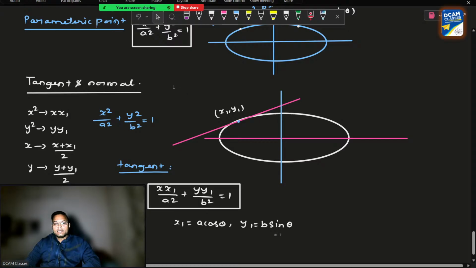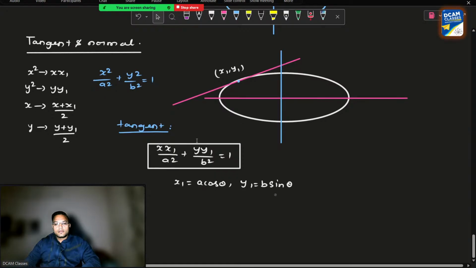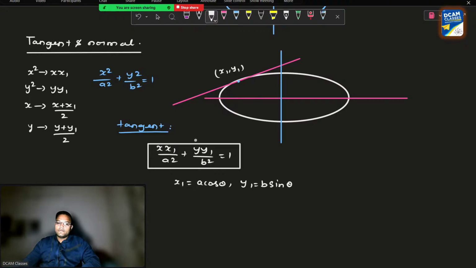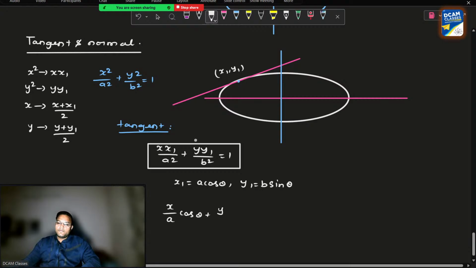Then we were discussing tangent and normal. If we have taken the parametric point as a cos theta comma b sin theta, then the equation of tangent will be x by a cos theta plus y by b sin theta is equal to 1. Easy.